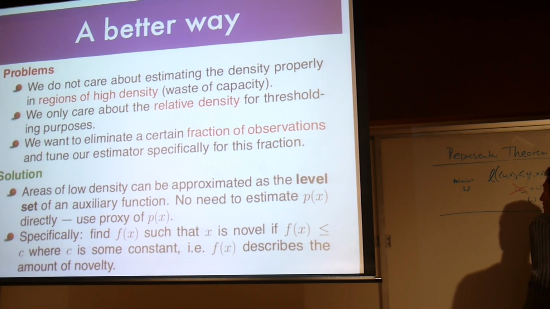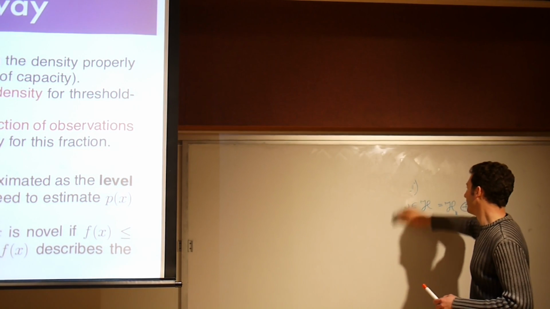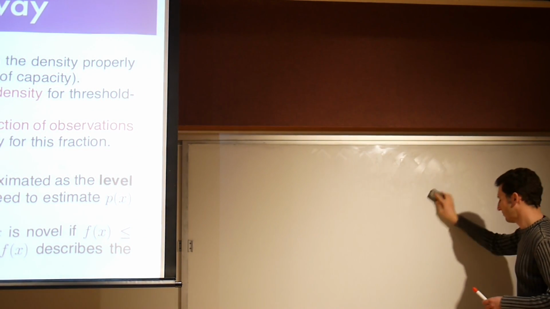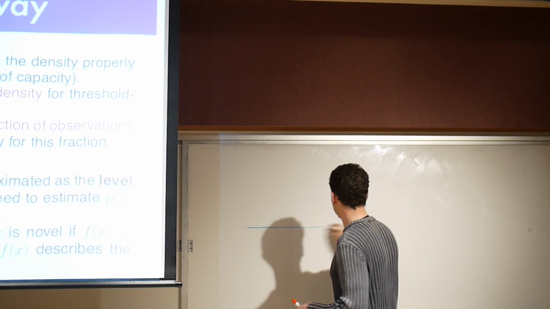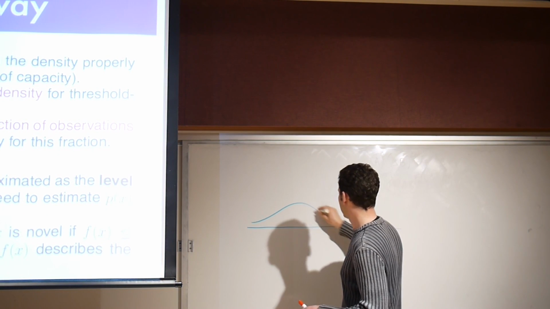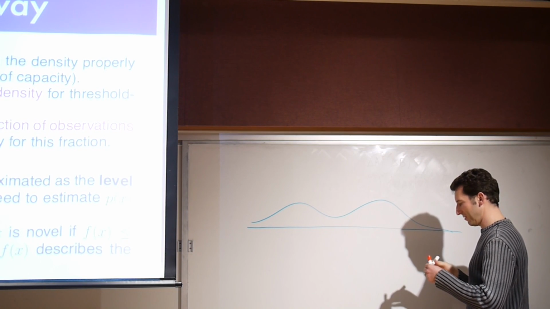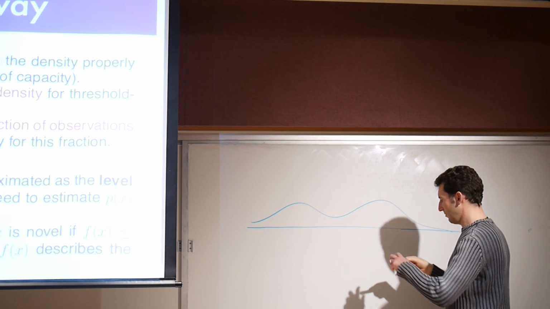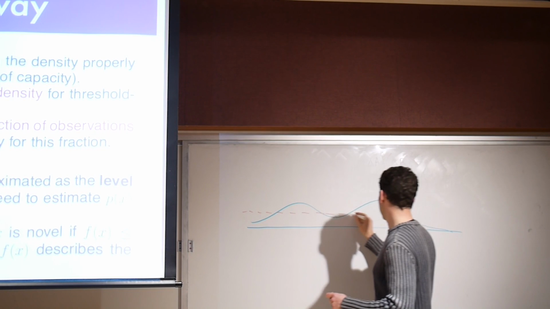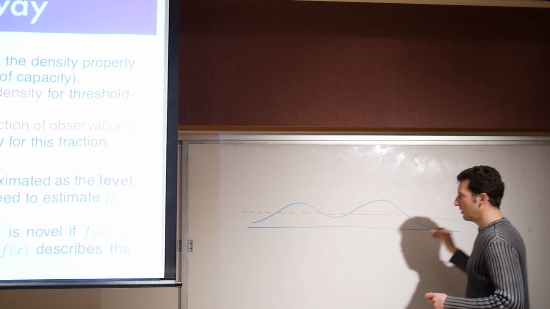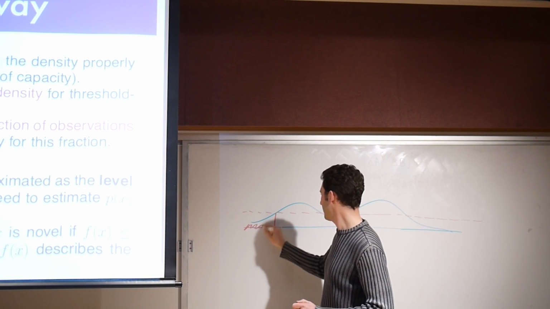Let me show you that on a picture. So, let's say here's my density. Has all the nice properties, integrates up to 1 and all that. And so we care about low density regions, so I'm going to maybe put the threshold here. So it's going to pick this set, this entire region here.